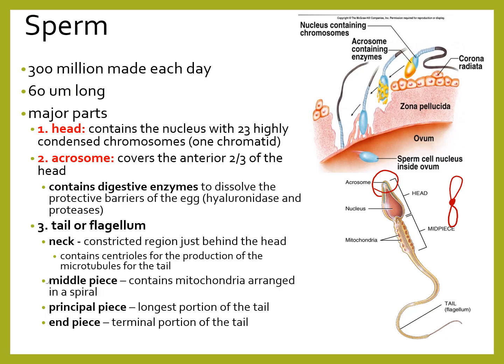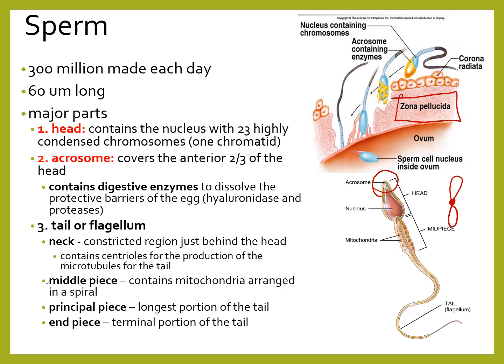And this protective barrier we're going to see in the female reproductive system. It is called the zona pellucida. It is a thick protective layer of proteins and sugars that surrounds the ovulated oocyte and will surround the egg.